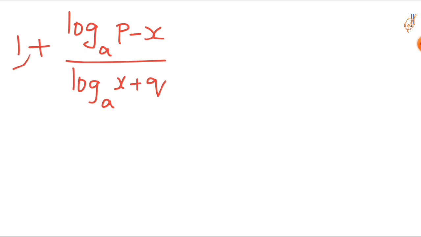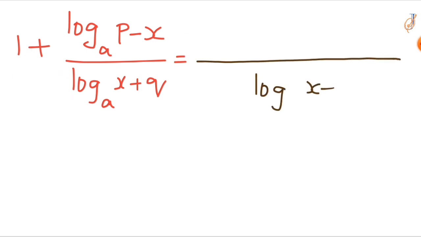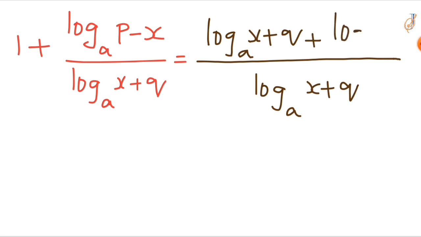Here we have only 1, and the rest is in fraction form, so we can do the LCM. If you do the LCM here, you will get log_a(x + q) in the denominator, and the numerator is log_a(x + q) plus log_a(p − x). Now observe the numerator part.